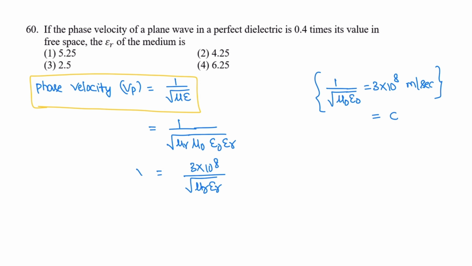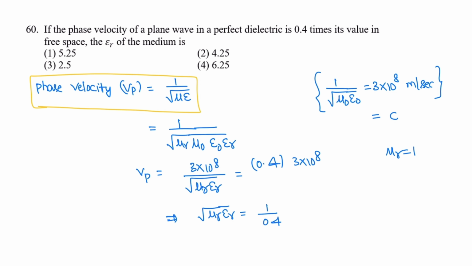Where Vp is the phase velocity. As per the problem, this phase velocity is 0.4 times its value in free space, 0.4 times 3 into 10 power 8. Now square root of mu r epsilon r. For free space, mu r is taken as 1. Here mu r is not mentioned, so its value is treated as 1. So square root of mu r epsilon r is equal to 1 by 0.4.